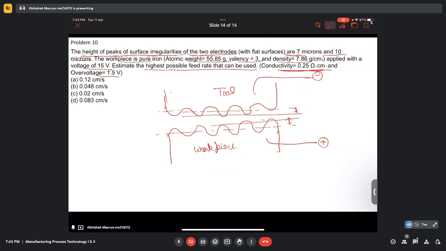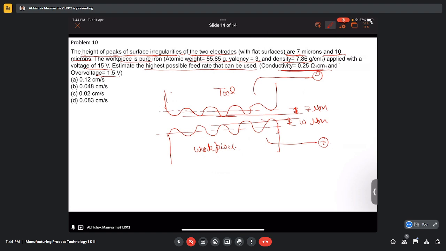This is the mean line, the dotted one, and this is the peak value. So that is the height of the valley or the peak which is given, that is 7 micron. Here it is 10 microns. So what has been asked is to estimate the highest possible feed rate which can be used.